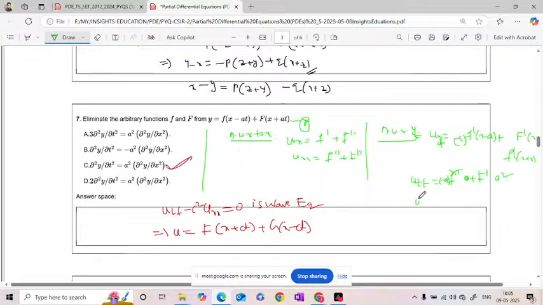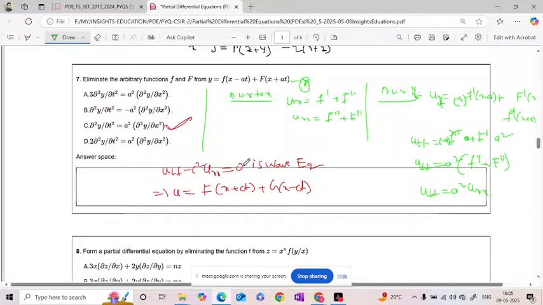After rewriting u_tt, a square is common, f double dash plus g double dash, so u_tt is equal to a square into u_xx. Okay, option C is the correct.